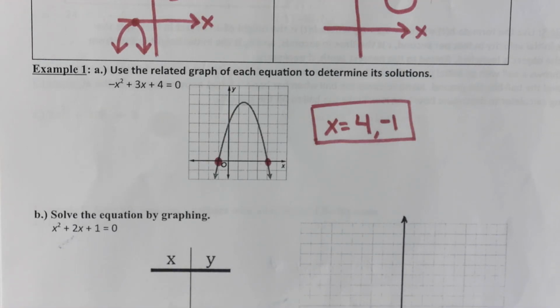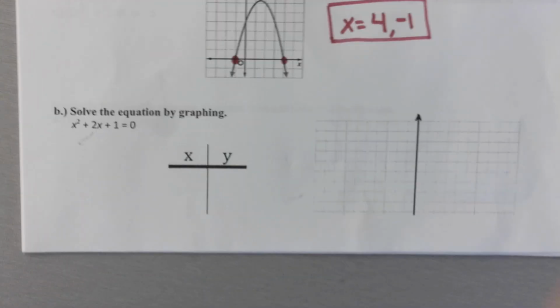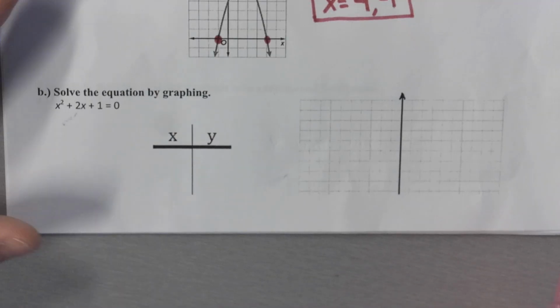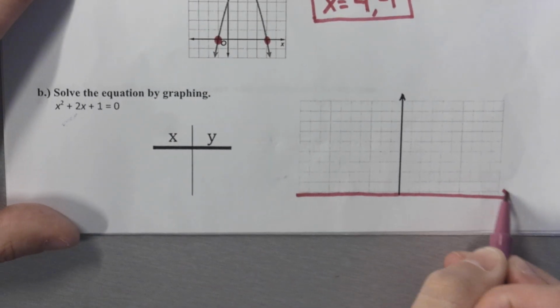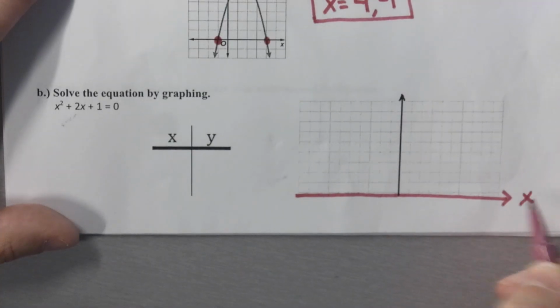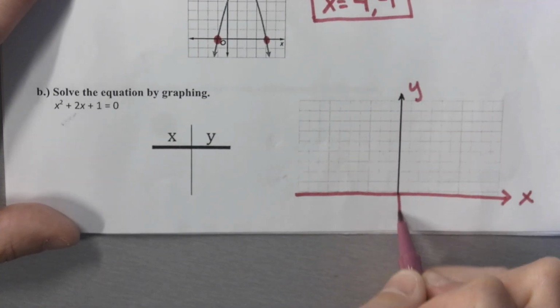Okay, next one. We're going to go through our graphing process like what we did in section 3.1. We're going to graph it and find our solutions that way for the first one. Again, we're going to move into Desmos, but not quite yet. Look at this beautiful graph. It's just amazing, isn't it? Let's add an x-axis. So here's x, here's y.